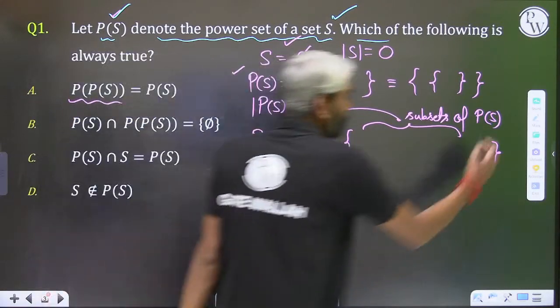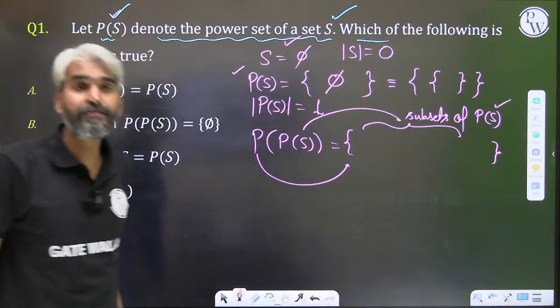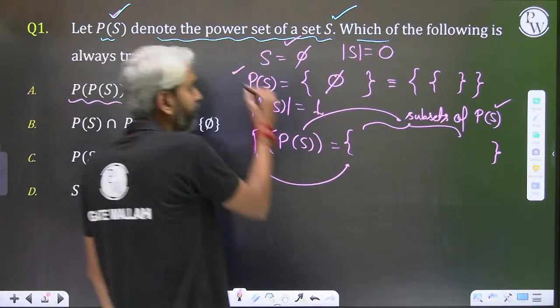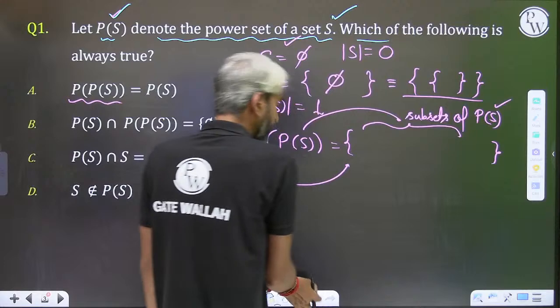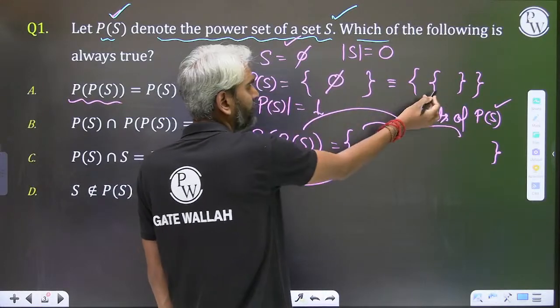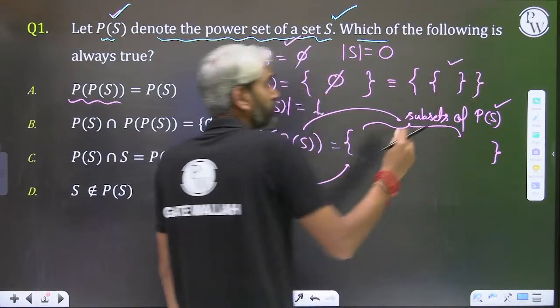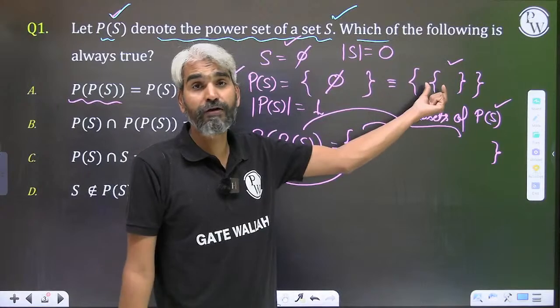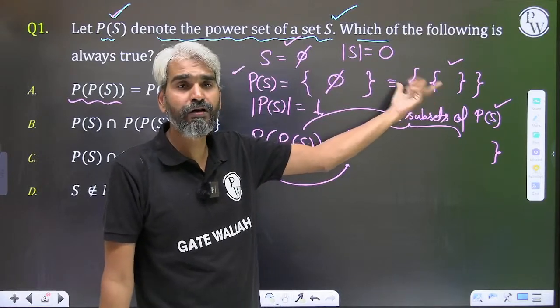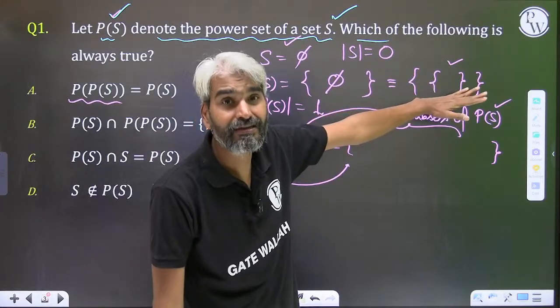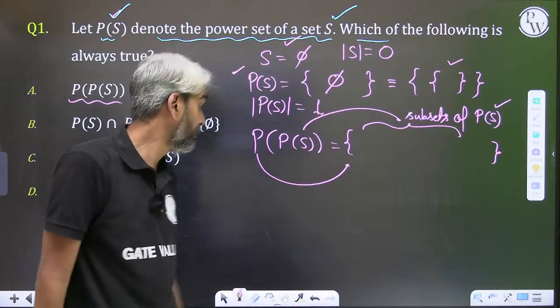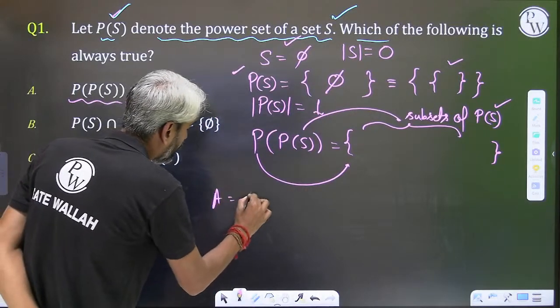Now, what are the subsets of the power set of S? P(S) is this set, and its cardinality is 1. There is one element. So what are the subsets of the power set of S? Please try to understand, whenever the cardinality is 1, let's assume that there is only one element.